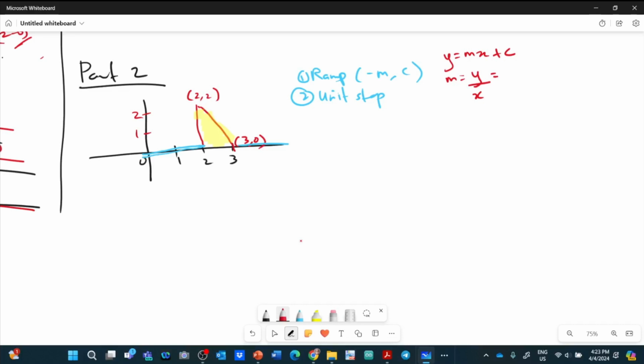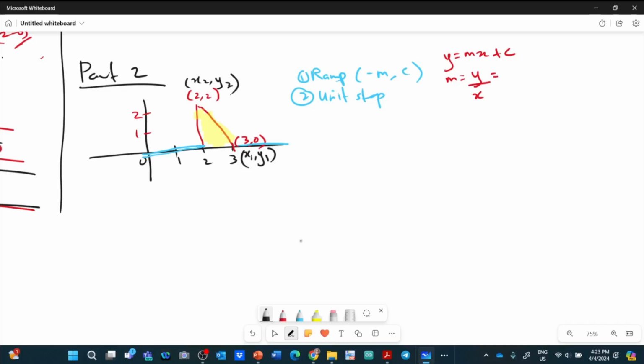Okay, so Y adalah XY kan? So this one will be X1, Y1. Okay, this one is X2, Y2. Okay, Y1 minus Y2 lah kan?